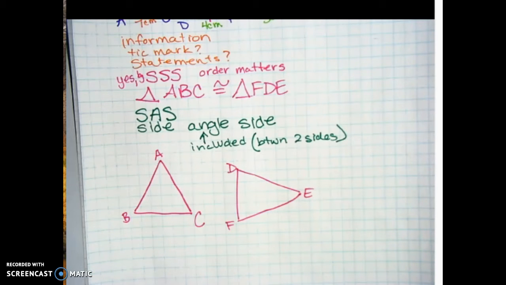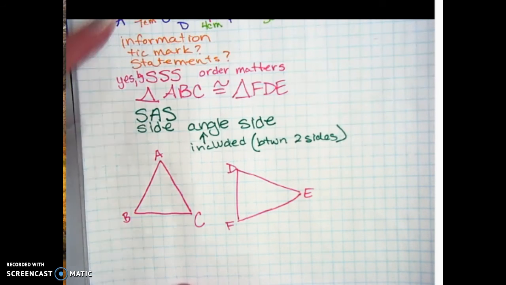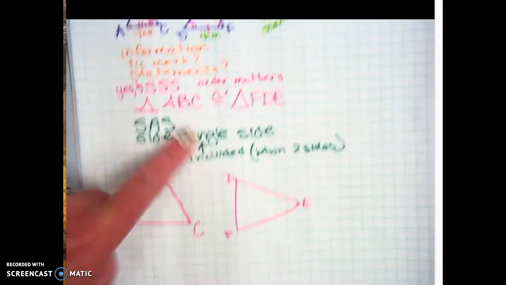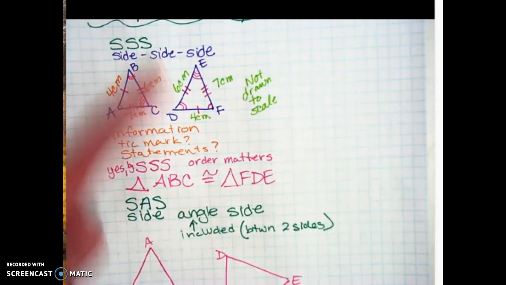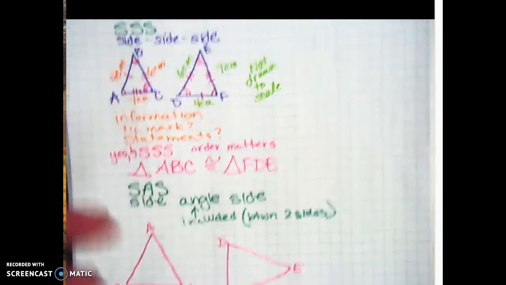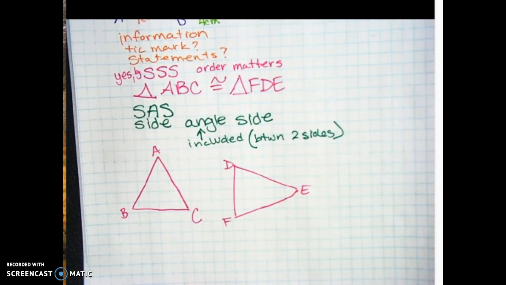You're just going to see what kind of information is given about the two triangles. Sometimes you won't be given enough information and you'll need to say they're not congruent, don't have enough information, okay? But usually you will be given enough information and you'll figure out which one it is. Today it's kind of easy because it's either going to include an angle or it's not going to include an angle and it's going to have three sides. So just the first two are pretty easy.